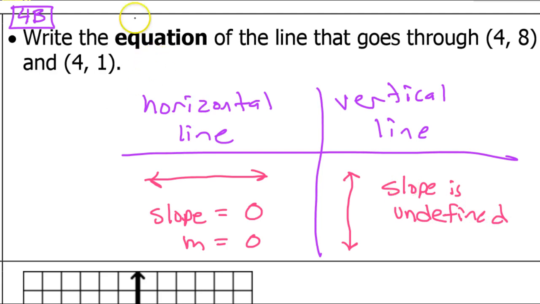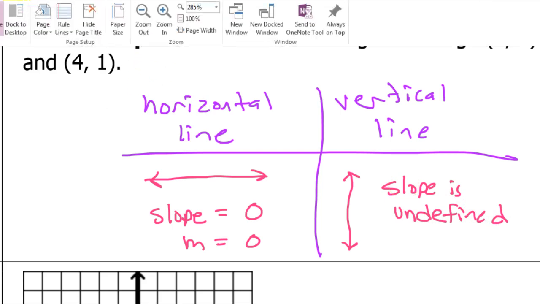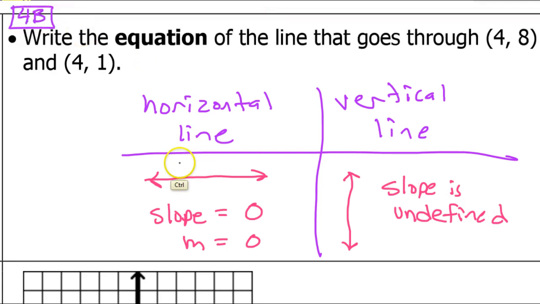And as we have already discussed, a horizontal line has the equation y equals a number, and a vertical line has the equation x equals some number. Everything on the screen you need to know. A horizontal line looks like this: it's y equals a number and the slope is 0. A vertical line looks like this: the slope is undefined and the equation is x equals some number.